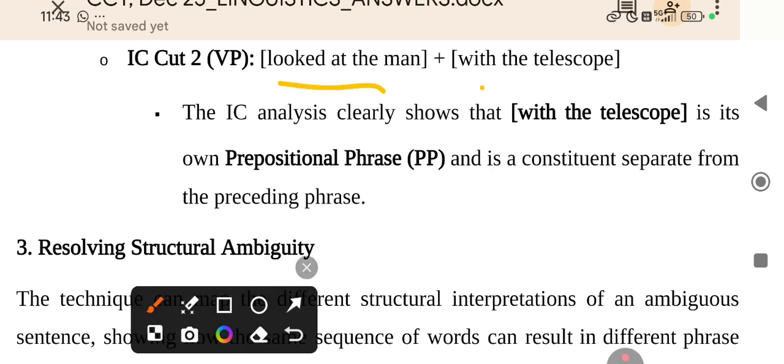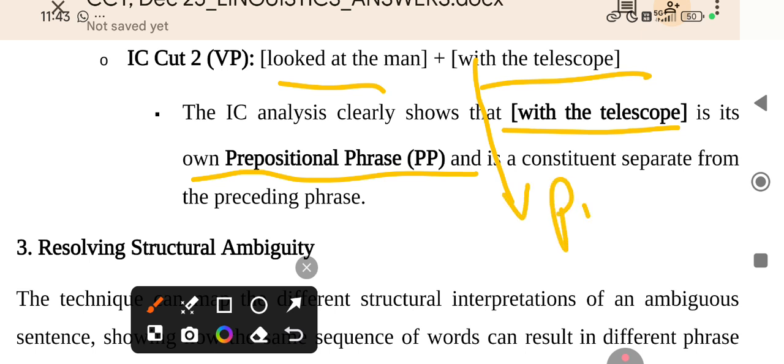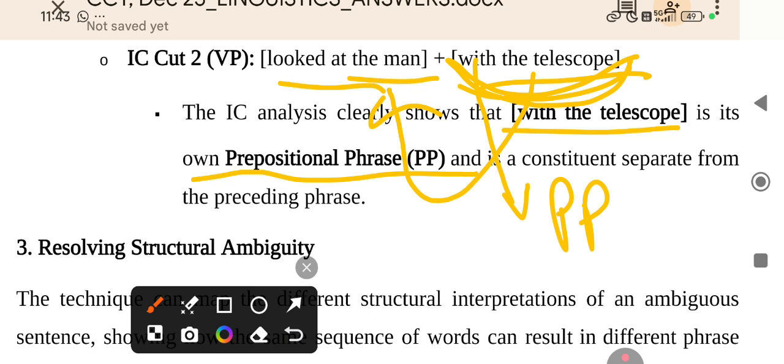So that's a looked. IC analysis clearly shows that with the telescope is its own prepositional phrase because of with. This is a prepositional phrase and is a constituent separate from the preceding phrase, and this is the separate constituent which is the preceded phrase, looked at the man.